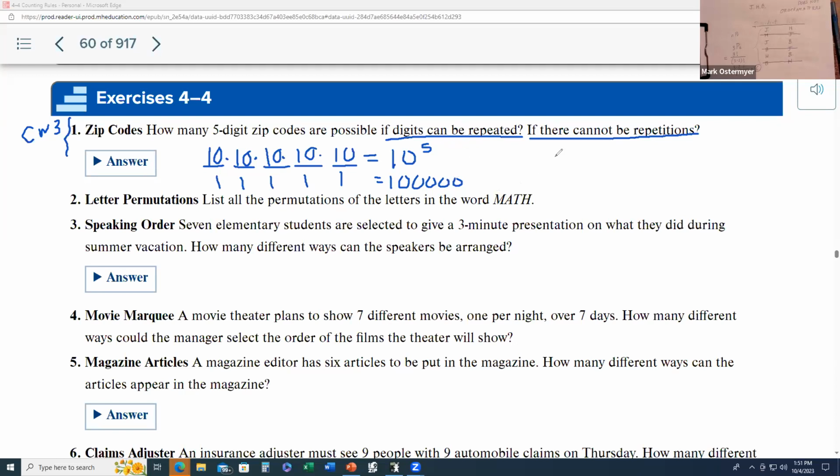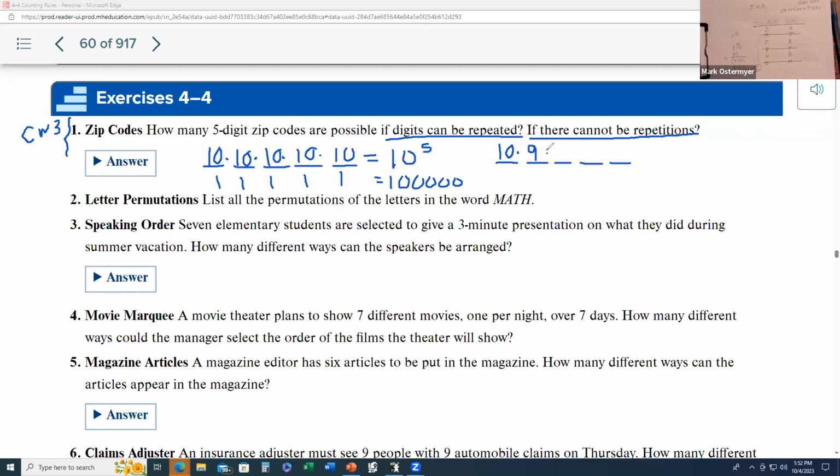Suppose there cannot be any repetitions. Well, think of your 5 slots again. There's 10 ways to populate the first digit of our zip code, but we got to leave one of those digits out now. So there's only 9 digits left to select to populate the second digit of our zip code.